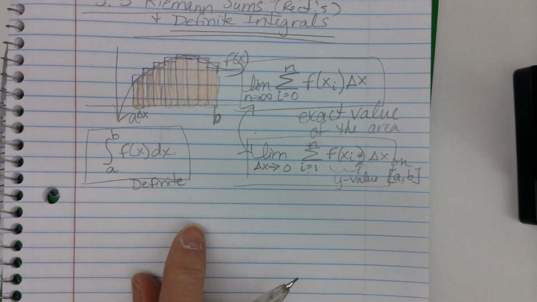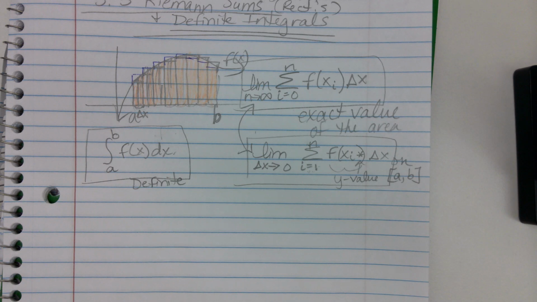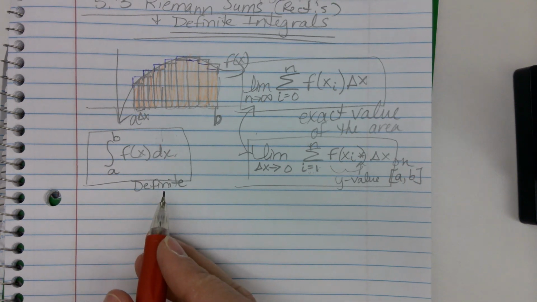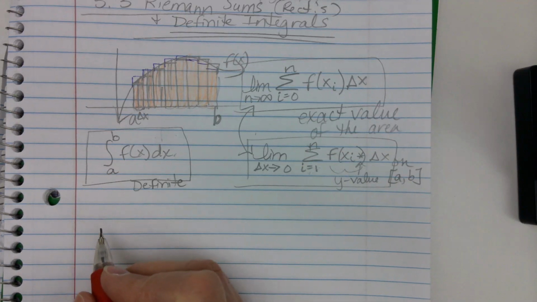What you're going to do today from graphs is, from testing, there are about 3 or 4 different types of problems you're going to see.